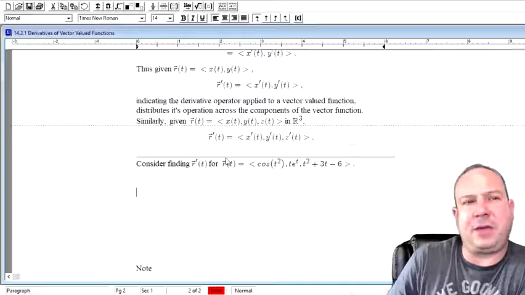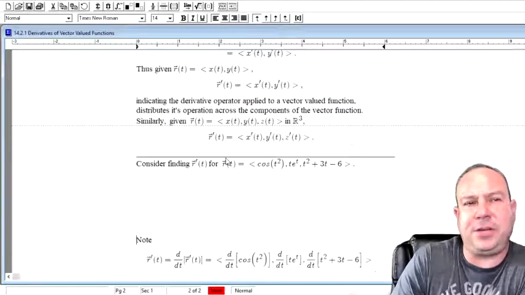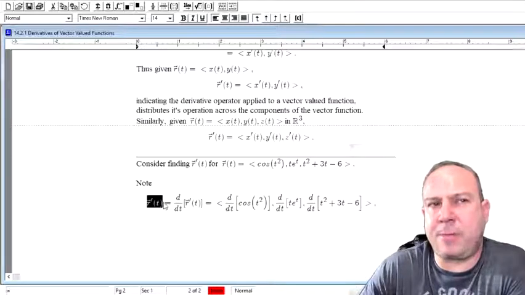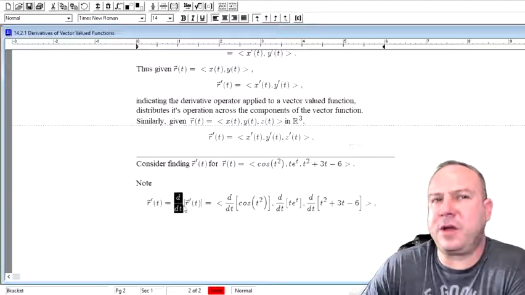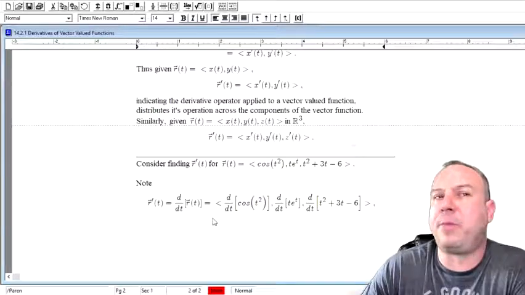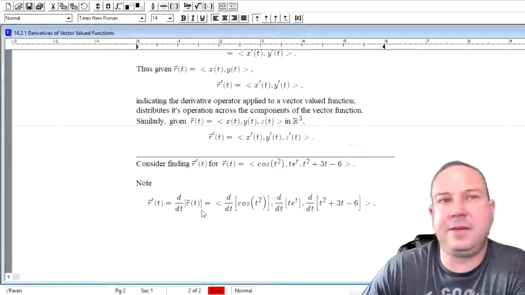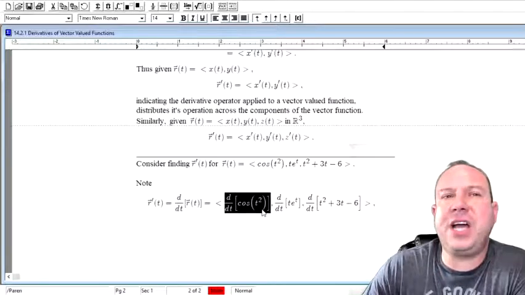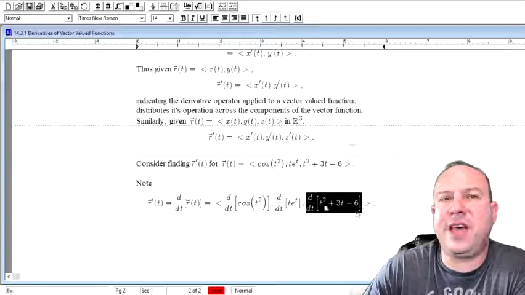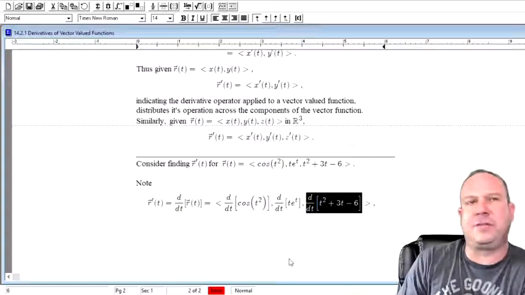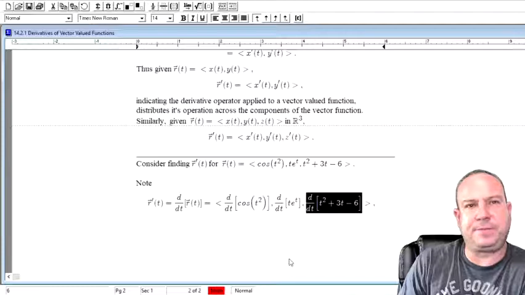You can see here I make use of the other notation. We might take note that r bar prime of t is just the derivative with respect to t applied to r bar of t. Which means this derivative operator is just going to distribute itself across the 3 components of this 3-dimensional vector valued function.